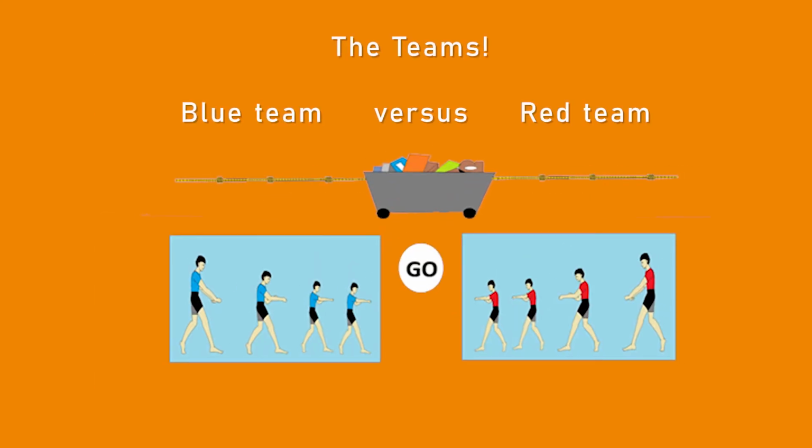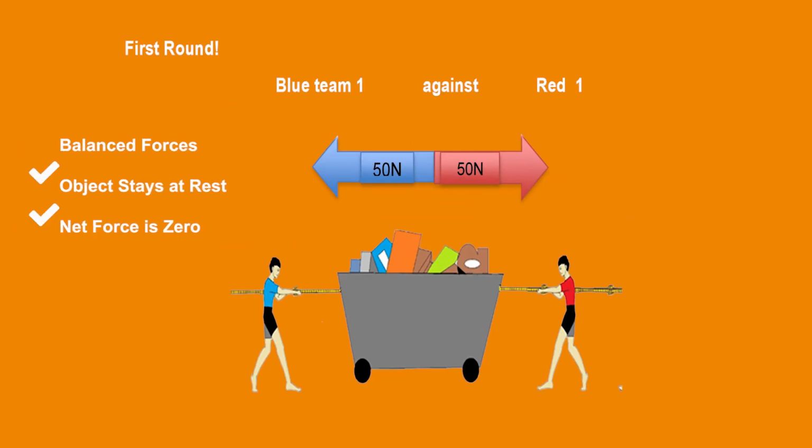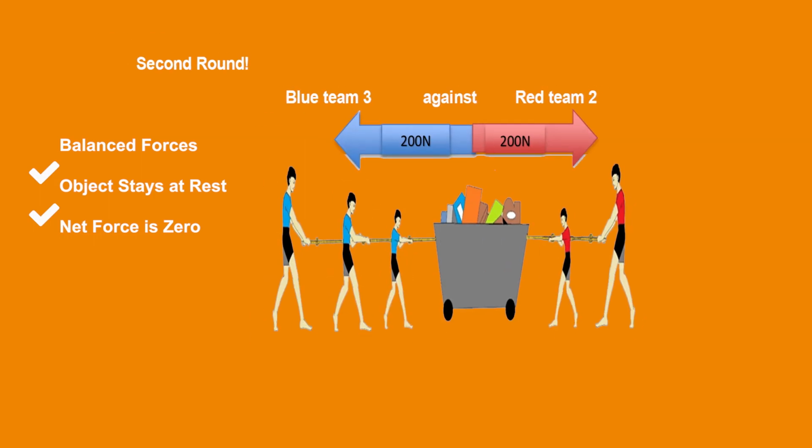Let's go back to our activity. What team wins the cart full of groceries? Yes, the red team. In the first and second rounds of the game, the cart did not move. Why?